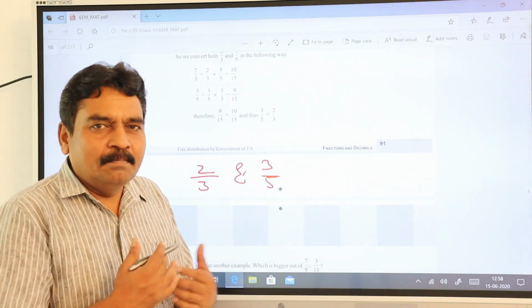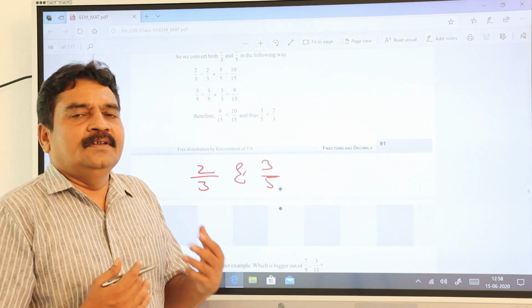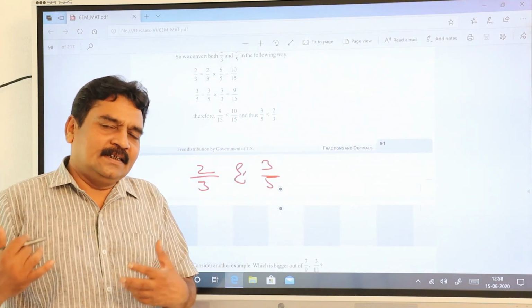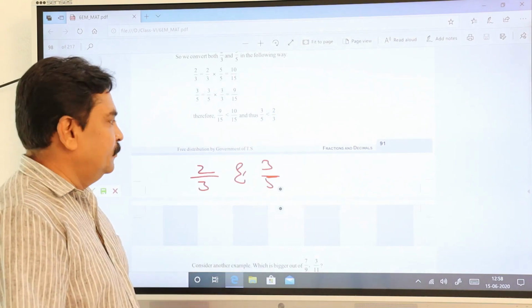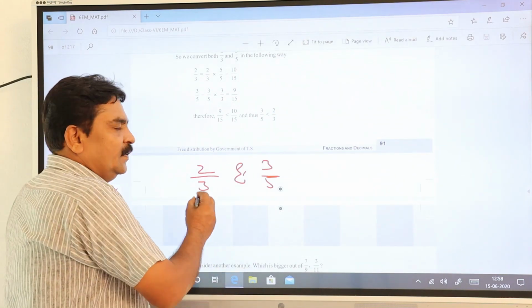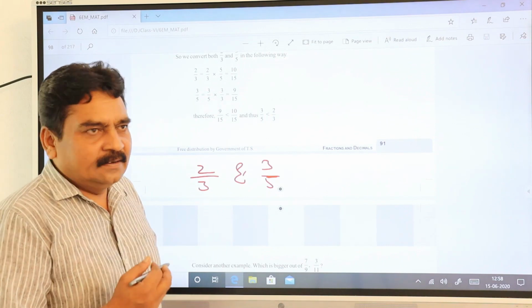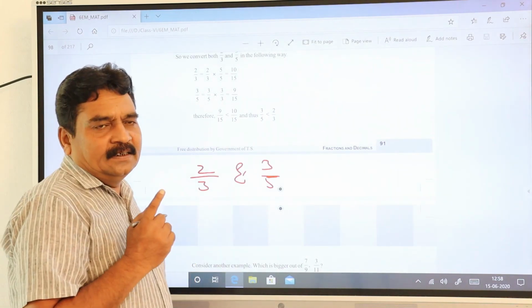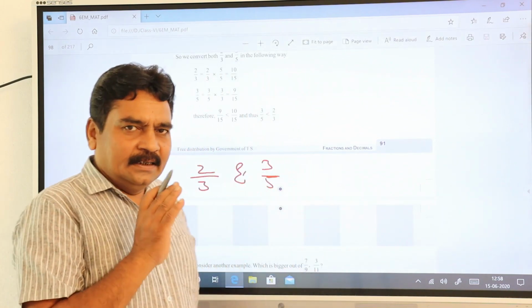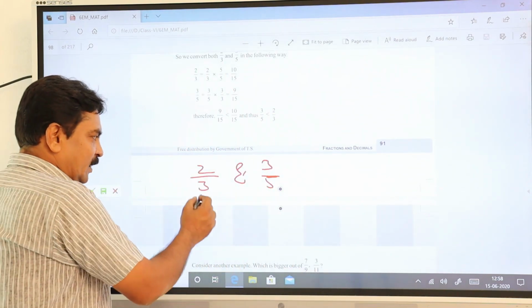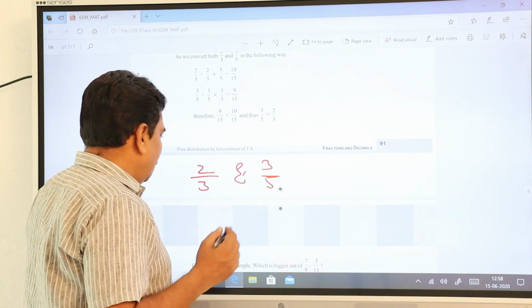Then only you can compare with each other which is greater and which is smaller. How are you going to compare? You have to first make like fractions. Like fractions means denominators are equal.